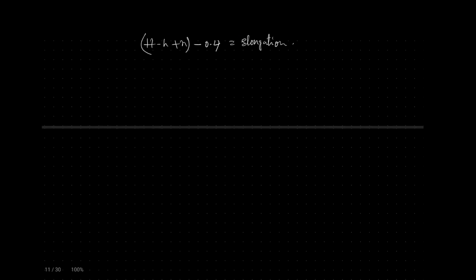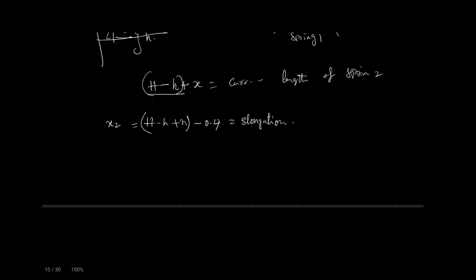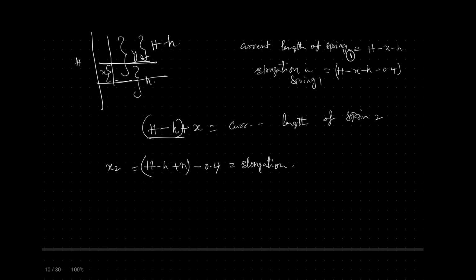Okay, so let's say this is x2 and this is x1 as we saw before, and this is the rod. This is k1 x1 and k2 x2. We know k1 x1 must be equal to k2 x2, and let's keep the values here. K1 is 25 newtons per meter as we saw before.